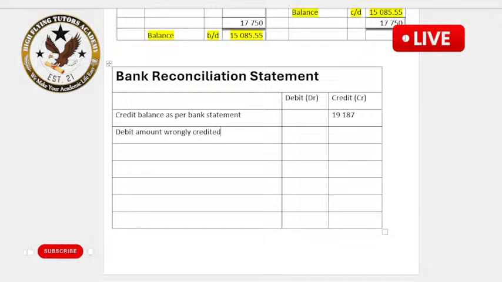They credited us wrongly, so we cannot accept that. So we are going to debit that amount, 4,087.15, right? And then that is how we correct that transaction. Let's proceed.